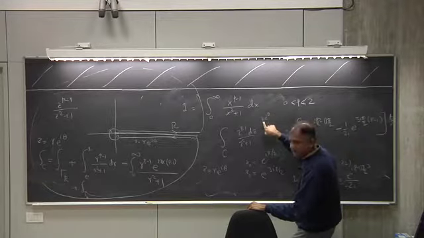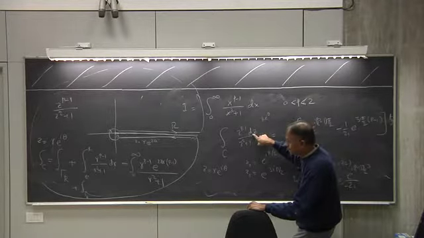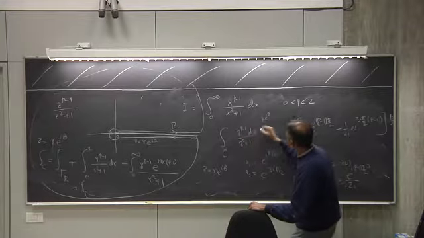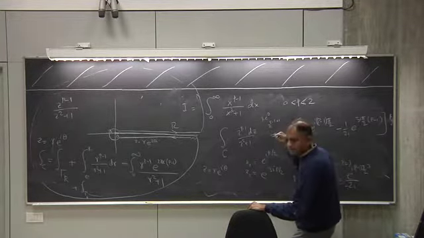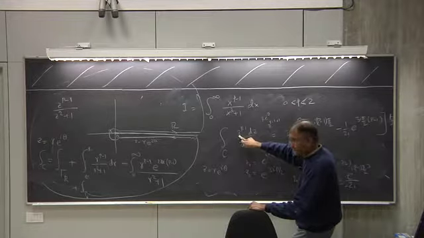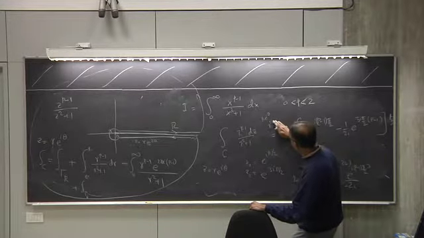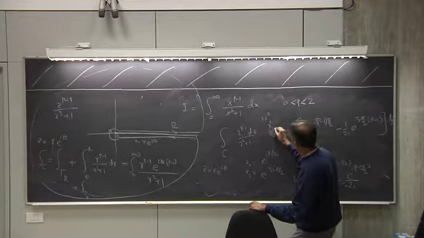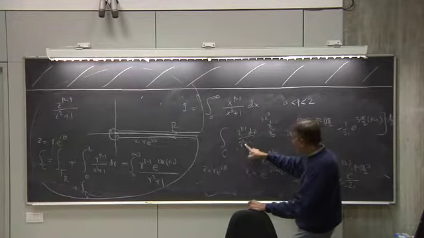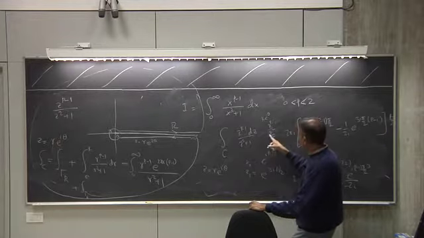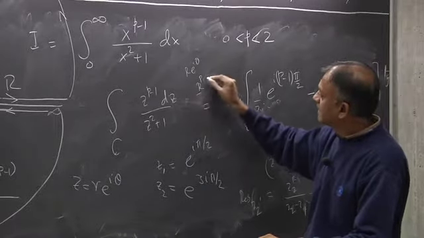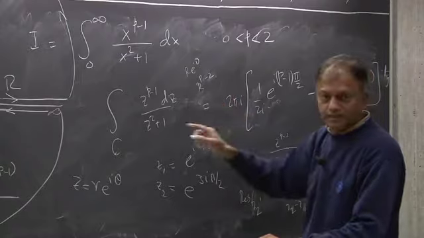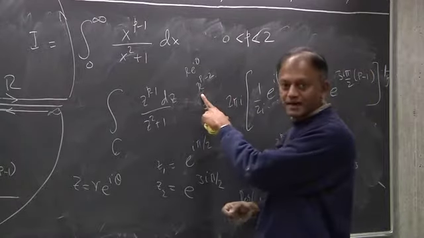So one factor of R comes from there. The numerator behaves like R to the power of p minus 1 plus 1, so basically R to the power of p, whereas the denominator goes like R squared, since z is large and I can forget about 1. So the whole integral goes like R to the p minus 2.